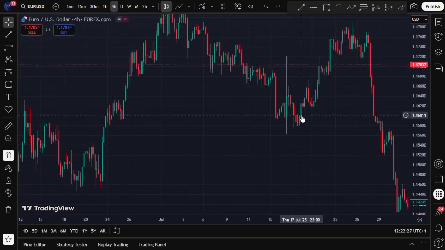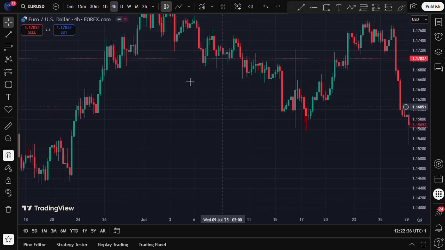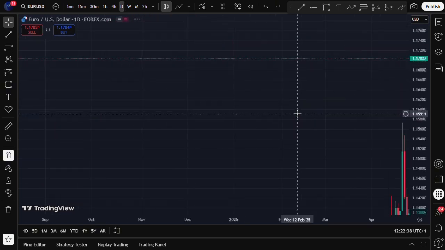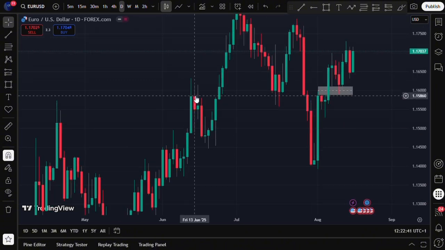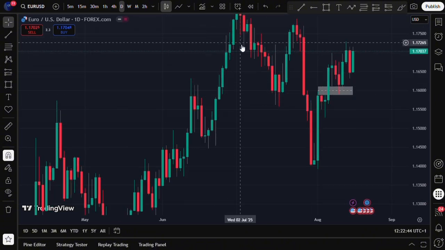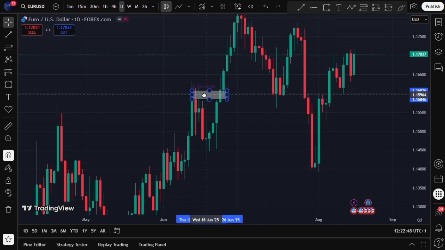We can spot another pin bar here. When you spot this pin bar, it is important to note if this is at a key support level. So let us see. We have this old high. Price broke above this old high, which means that this old high could act as what? Potential support.